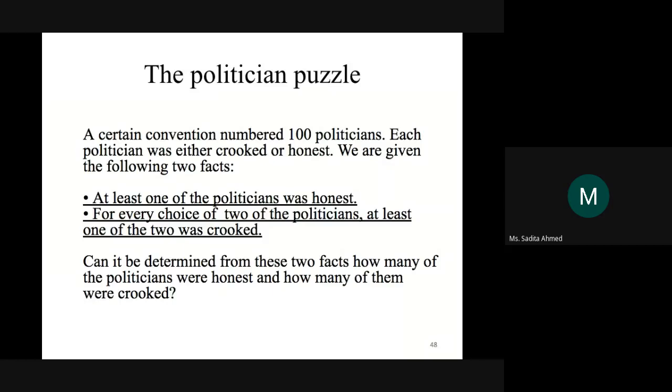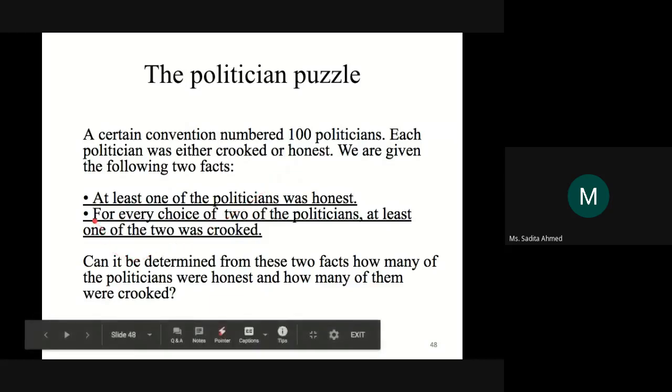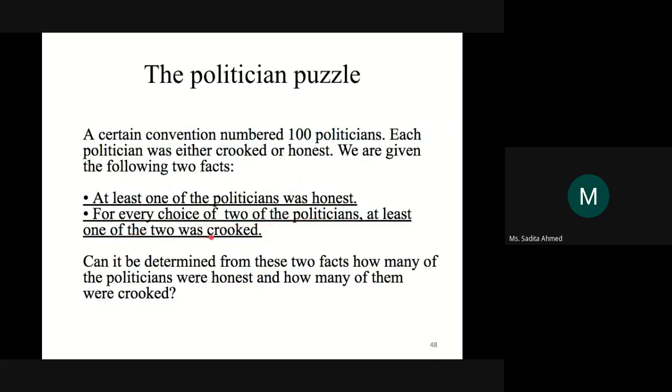Both can be crooked, yes, more than one can be crooked, but at least one will be crooked from all your possible combinations of two politicians from these 100. That is what you should understand by reading this statement. For every choice of two politicians, at least one of the two was crooked.